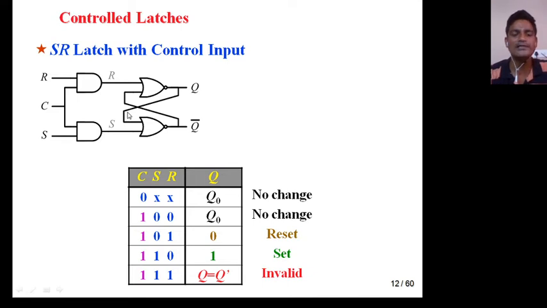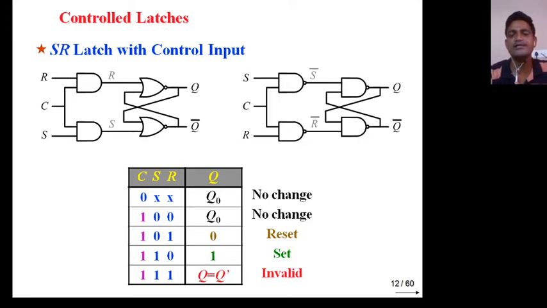Now we will see NAND based latch. This is your NAND based latch. Now we will apply two NAND gates. You can ask, sir, why are we using this NAND gate? You know, NOR gate, A plus B whole bar, is nothing but A bar B bar.